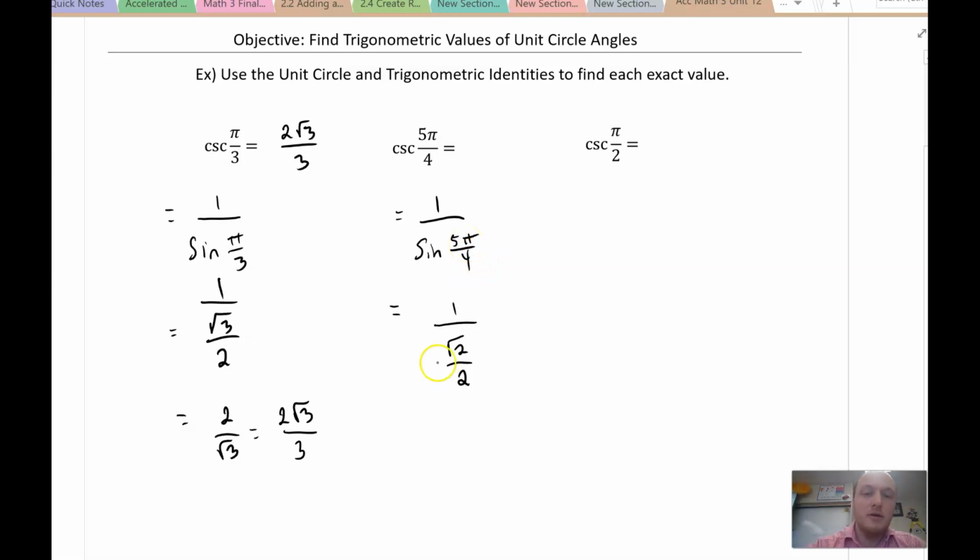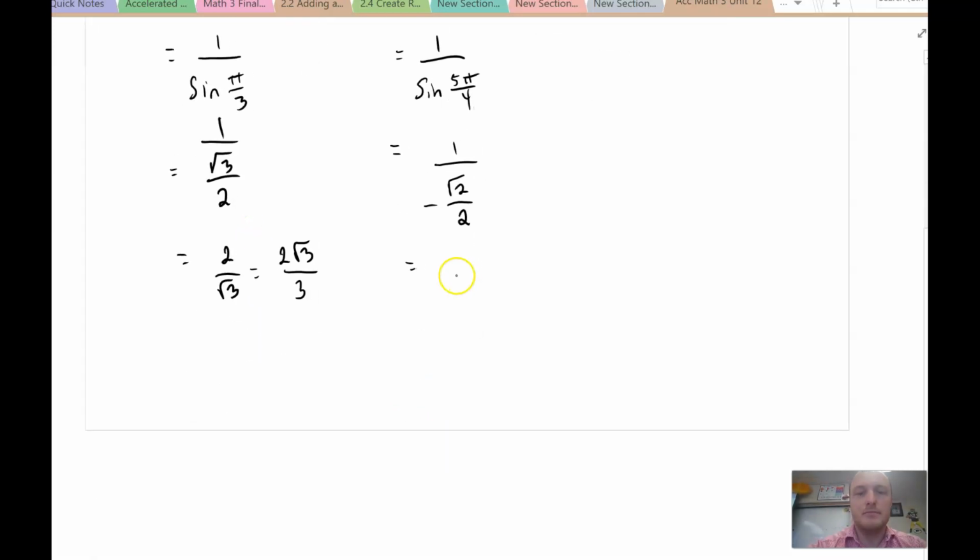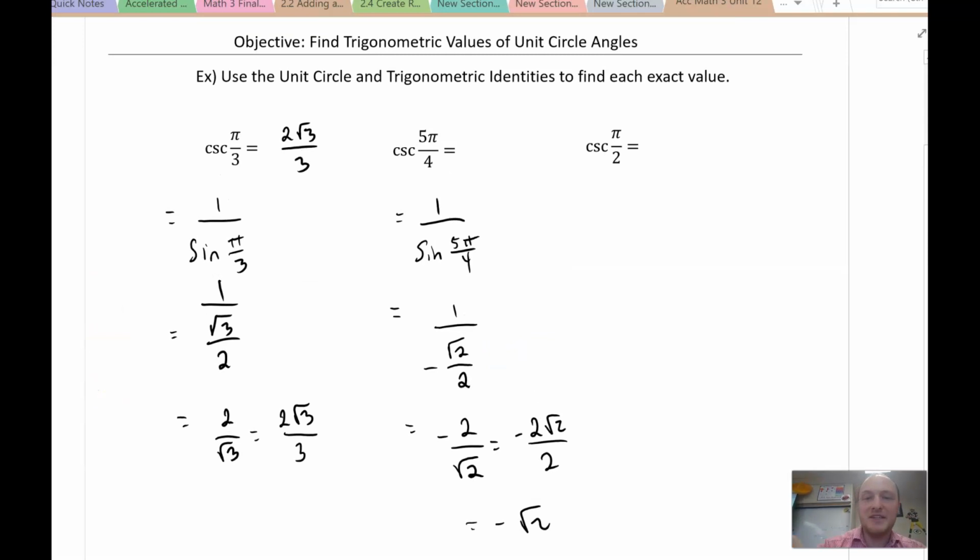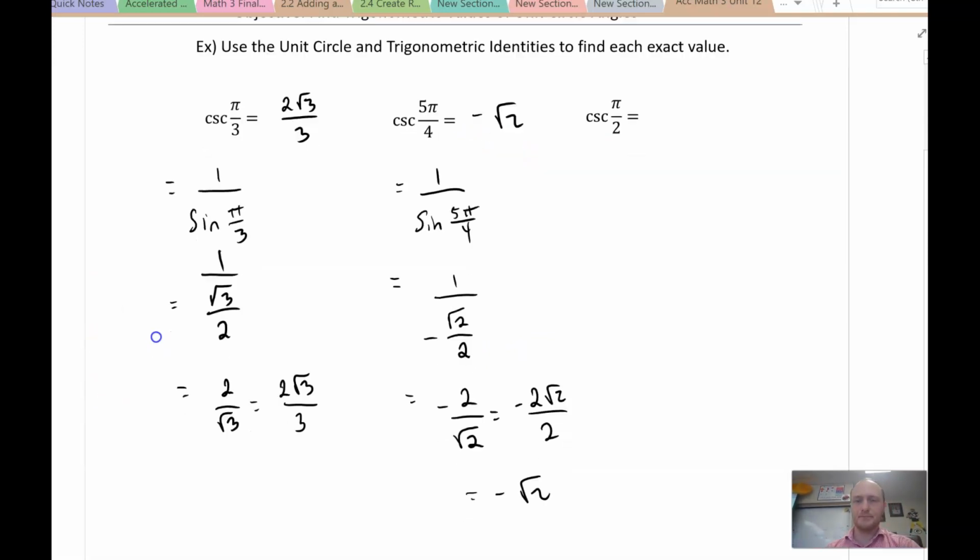That's in quadrant 3, so your sine value is negative. So we have negative 2 over root 2, which is negative 2 root 2 over 2, which is negative root 2. I'm having some mad deja vu on this page. This is negative root 2.